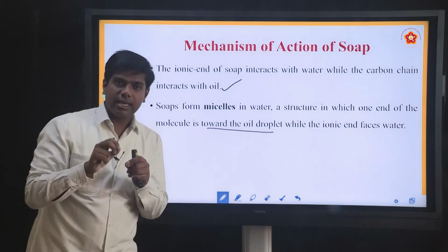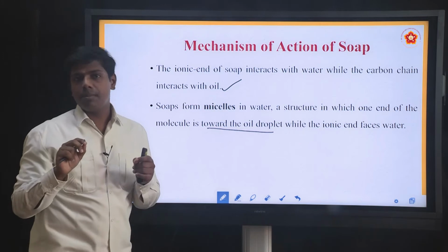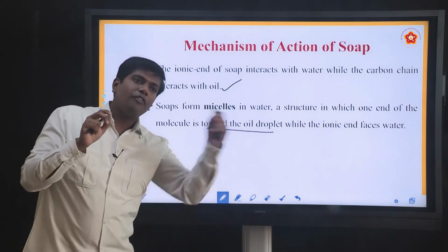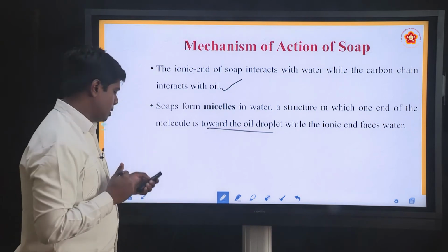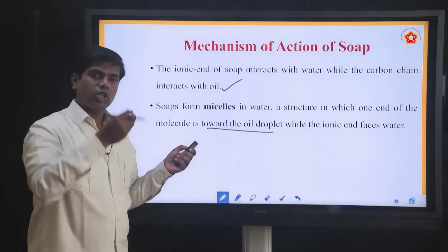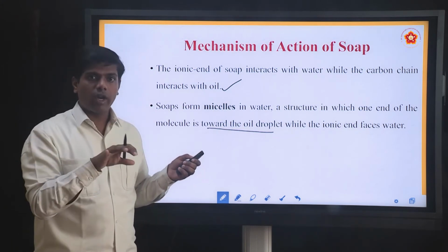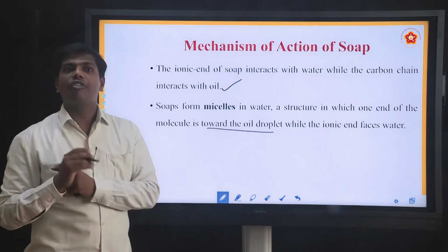In a micelle structure, later we will discuss what is micelle, there are two parts, one part is the hydrophilic part, one part is the hydrophobic part. This is the second point.